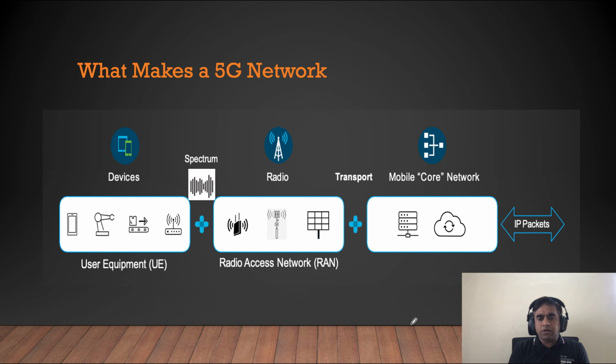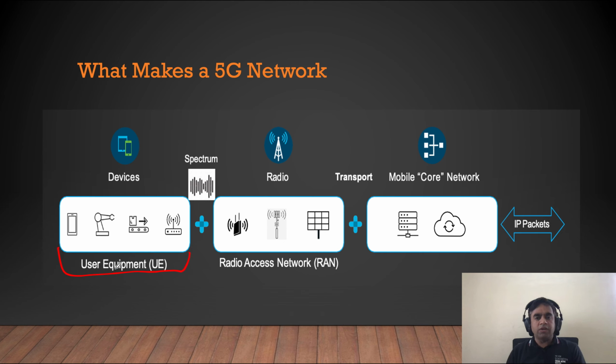So this was the slide where we ended our last session, where I showed you what all domains are there for 5G that makes a complete 5G network. So we have the user equipments, which is called as UE.